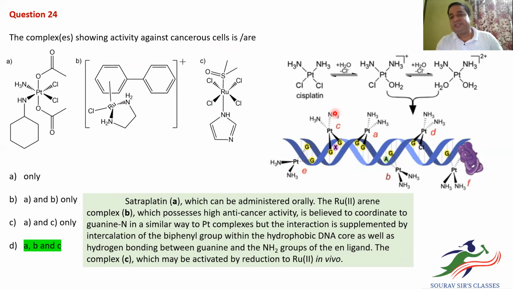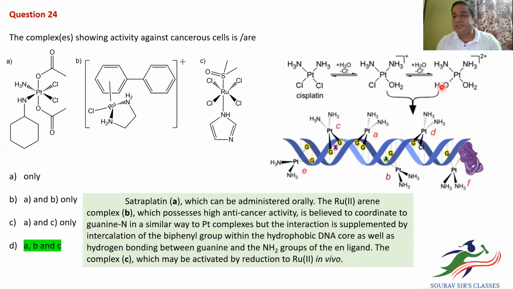Now, how does cisplatin function? You have to understand that cisplatin will lose chlorine in our body, and there will be replacement of chlorine from this complex, and water will ligate over here.